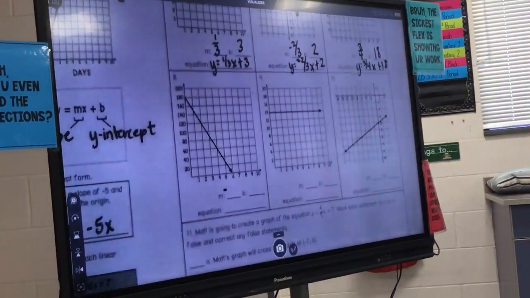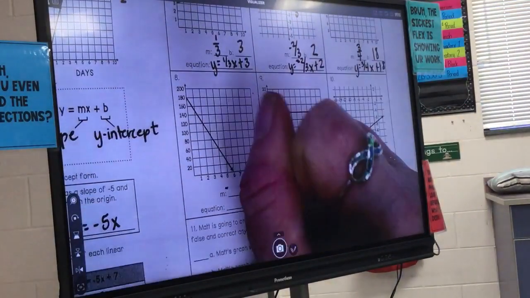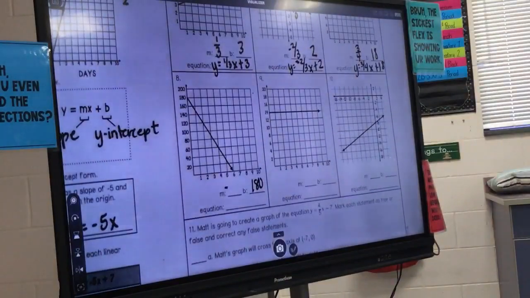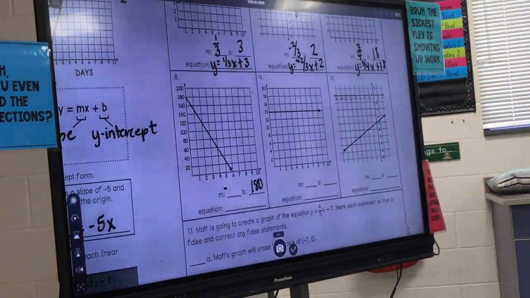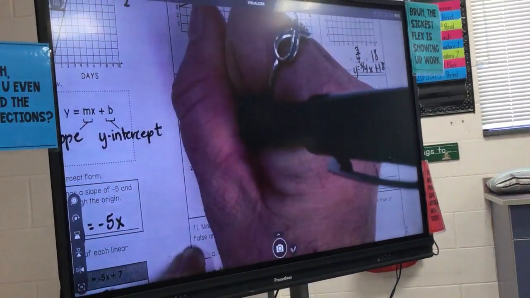So what's our slope? -180. Nope. What's our slope? -20. Nope.